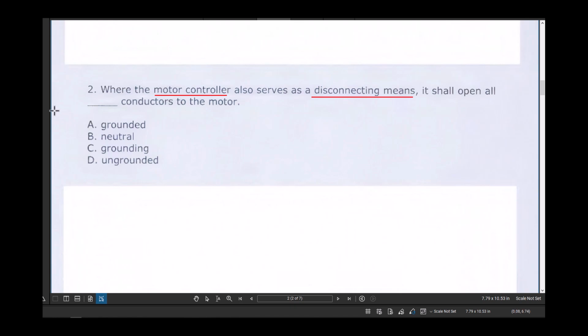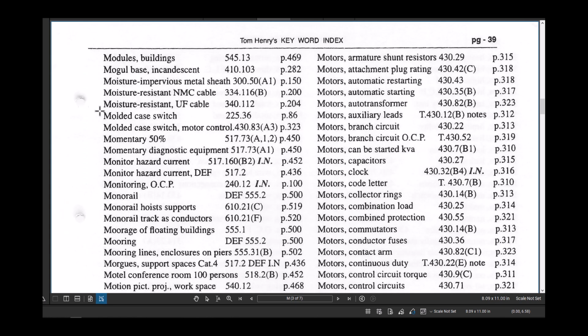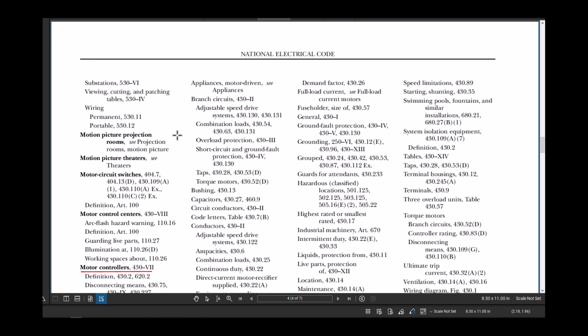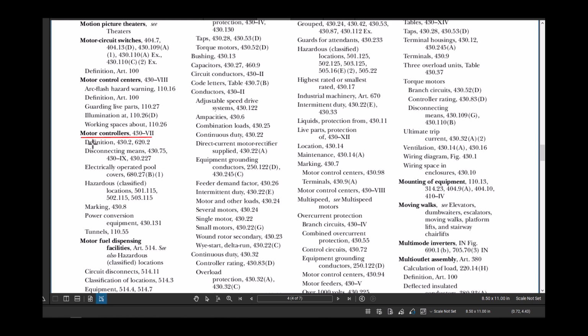Let's go to Tom Henry's Index. In the Tom Henry's Index, we go to motors, controllers, 430.81. This is the starting point for us to look for the answer. If I go to NEC to find the related article, I'm going to motor controllers, which is 430 Part VII.